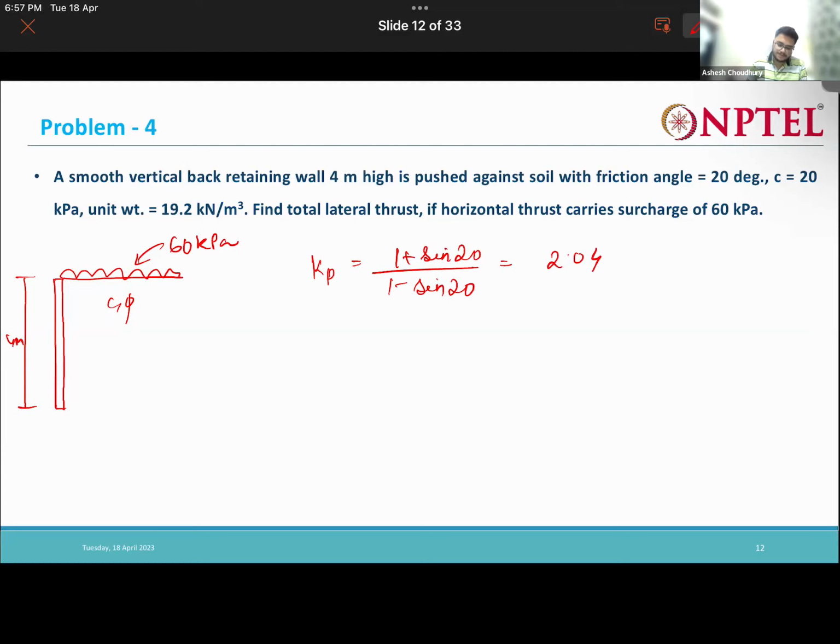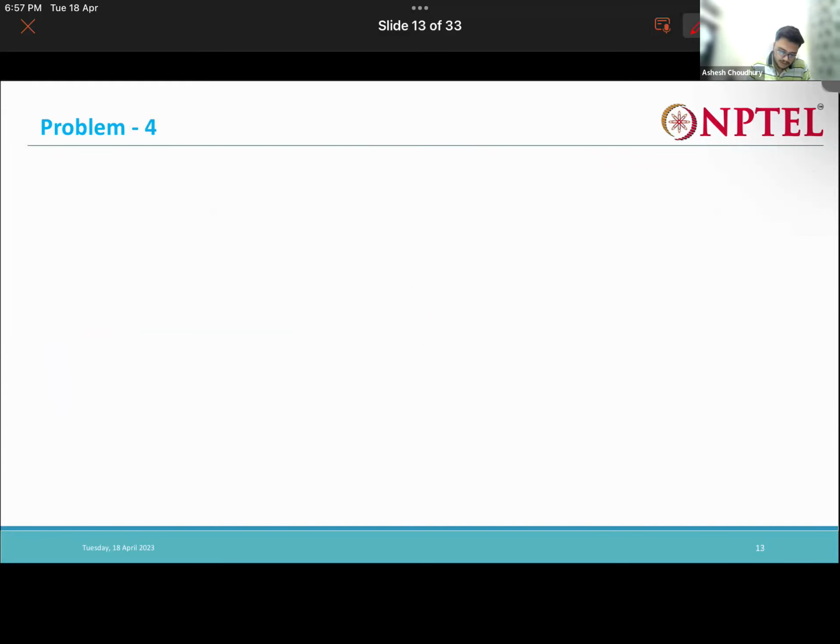So we have Kp. Now what is my P? It's Kp gamma z plus 2C root over Kp, right? This is the equation for the passive pressure. First, due to this 60 kPa, what will be the passive pressure? It is nothing but 60 into Kp.